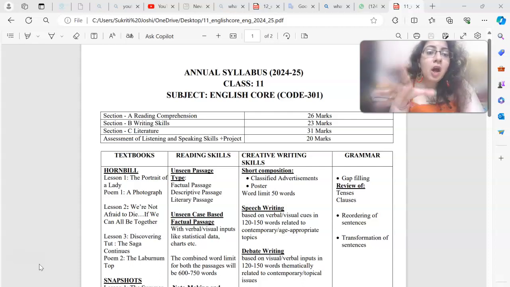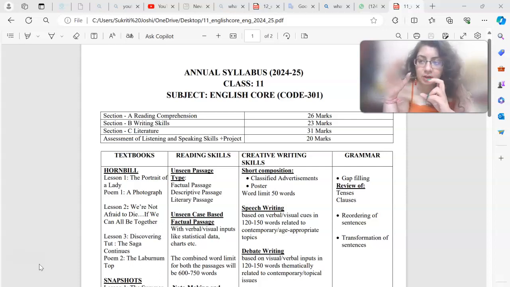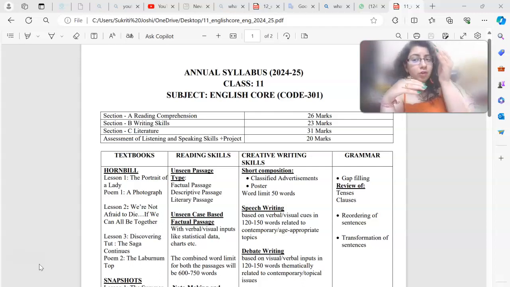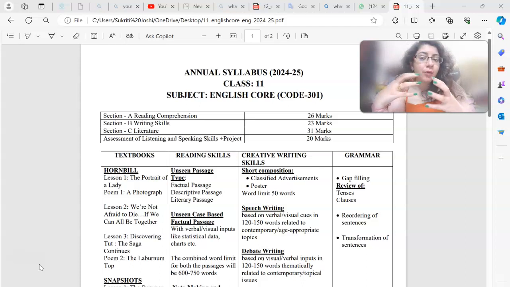Now I'll be moving section by section. Section A comprises reading comprehension, which would be for 26 marks. Then the second section, Section B, is writing skills, which would be for 23 marks.